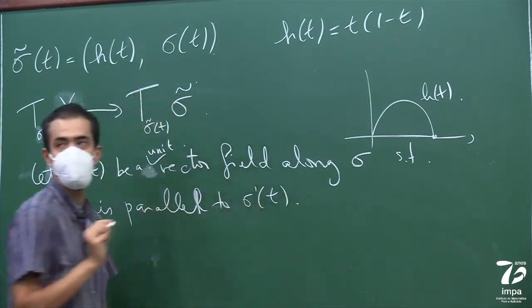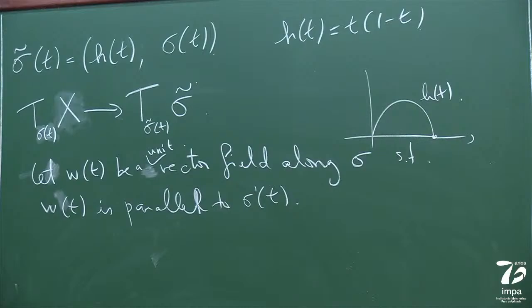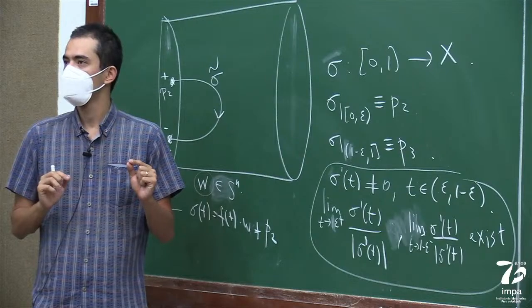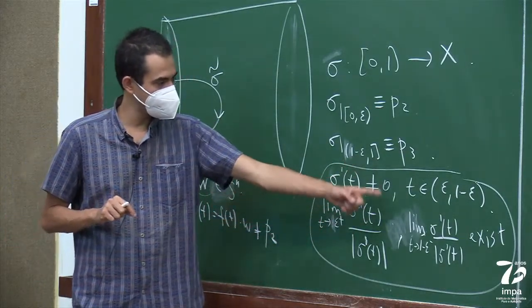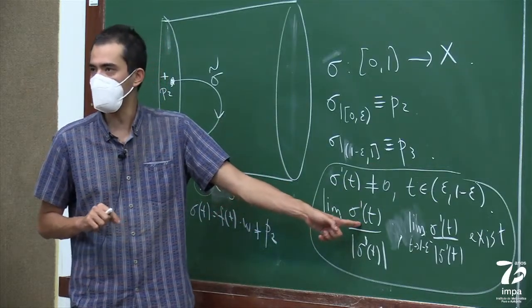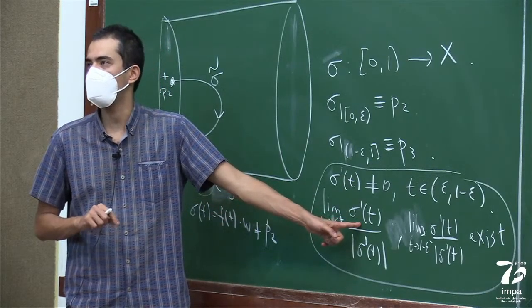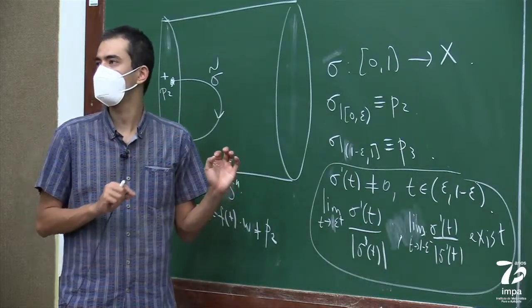I mean, this is very simple, but what this is saying is it's just taking care of the points where sigma prime is 0. So as you get close to epsilon, then your W is going to be basically this limit, W of epsilon. And then you extend it smoothly.